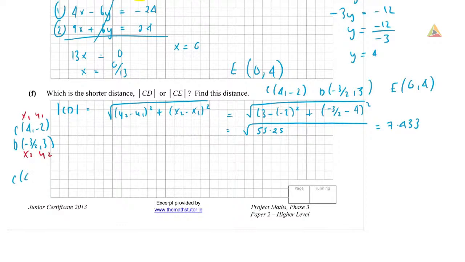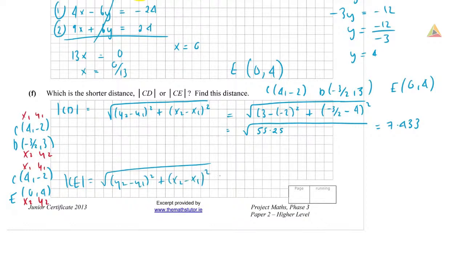We're going to do the same now, but for CE this time. So C is 4 and minus 2, and E is 0 and 4. We label it again: x1, y1, x2, y2, and plug it into the formula. CE, the distance between C and E, is the square root of y2 minus y1 squared plus x2 minus x1 squared.